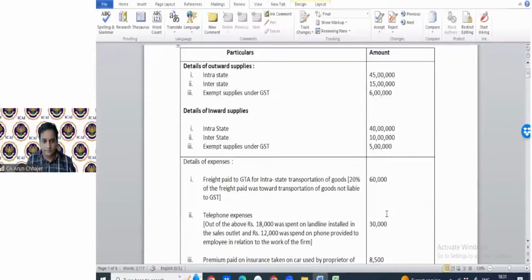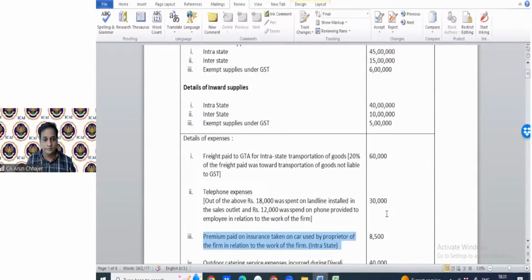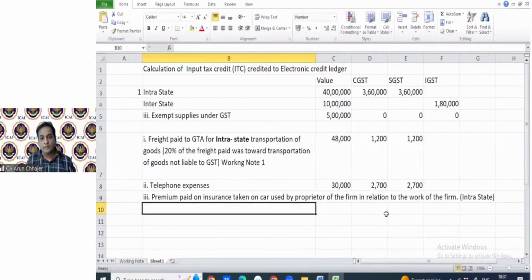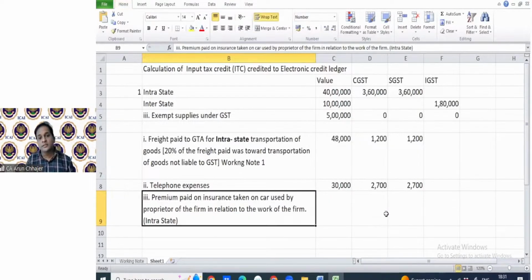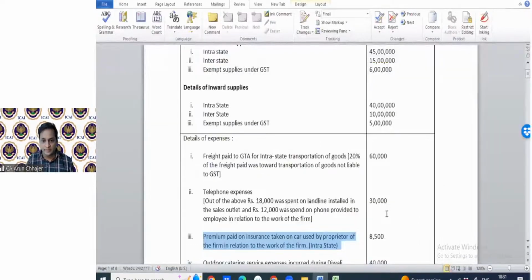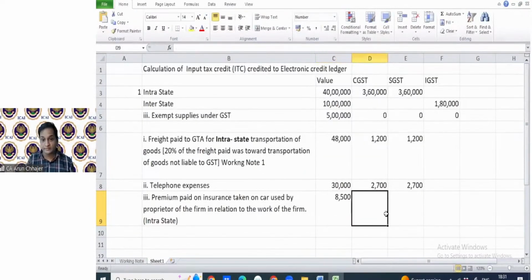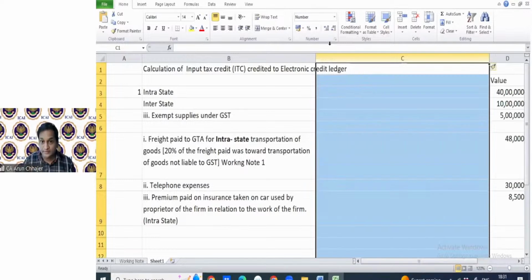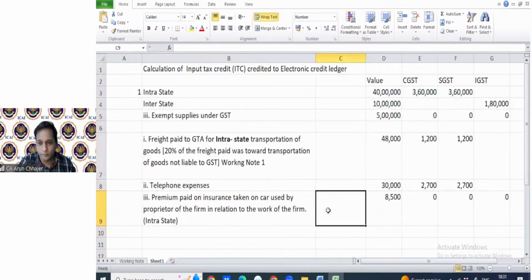Next is premium paid on car used by the proprietor, 8,500. So here I can say that please refer working note number 2. What is working note number 2?